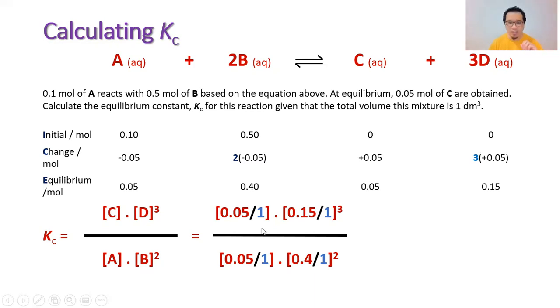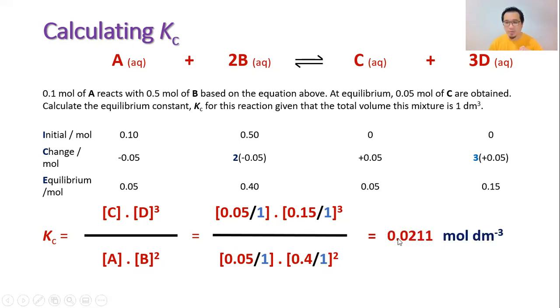Make sure your moles are divided by the volume to get the concentration for C. The same thing you do for D, where 0.15 is the number of moles of D divided by the volume. Don't forget to raise it to the power of 3 because there are 3 moles of D on the product side. The same thing is done for the reactants. That's basically what you need to do. Then, very importantly, punch the values into the calculator and you should be able to get the answer.